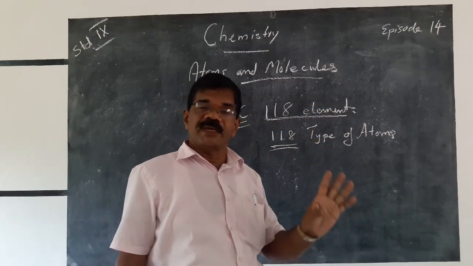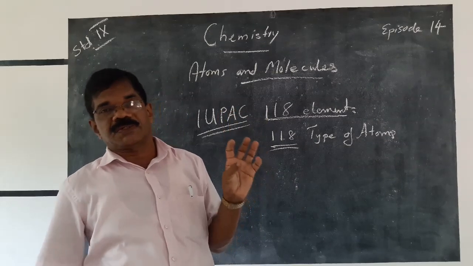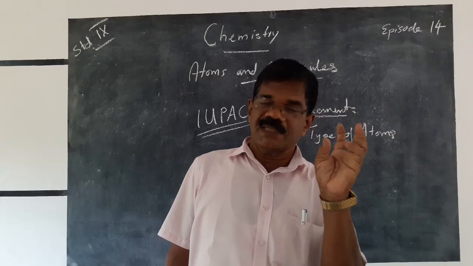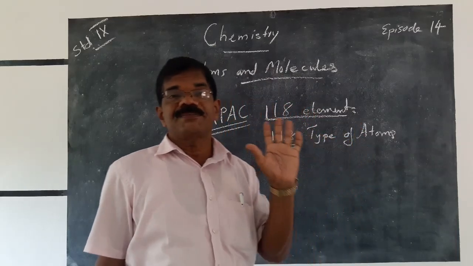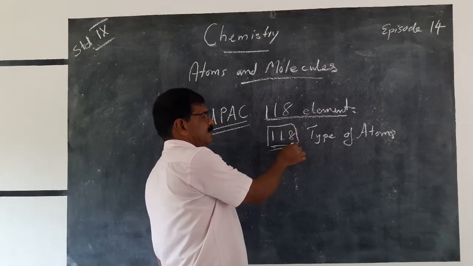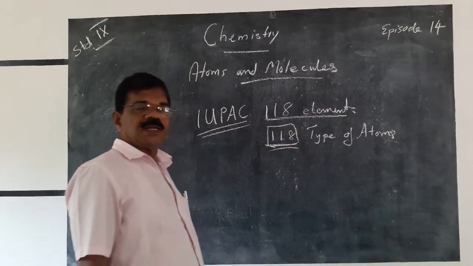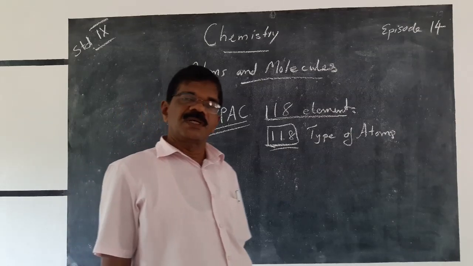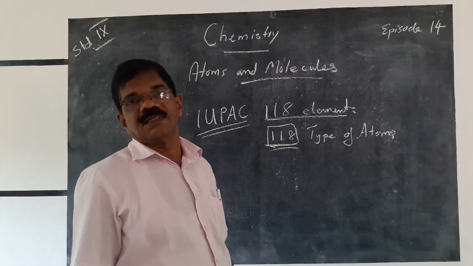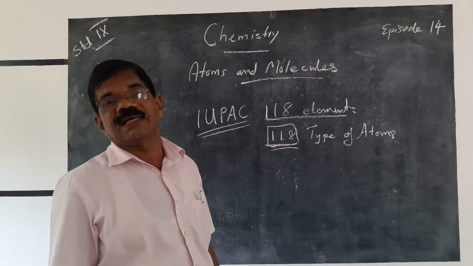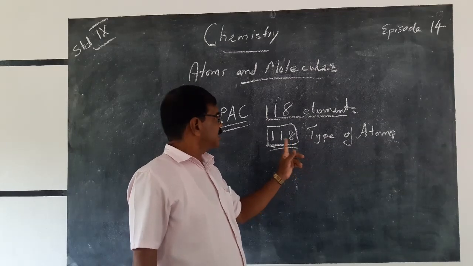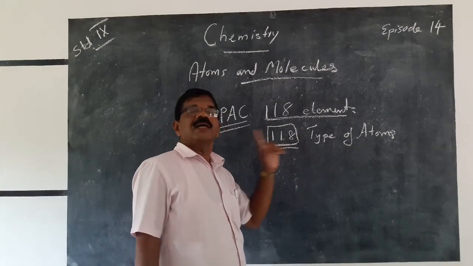The whole universe, the different kinds of countless substances, materials, and matter, are built up by these 118 types of atoms. The whole substance, water, oil, and all materials in the universe are built up only by rearranging these 118 types of atoms.